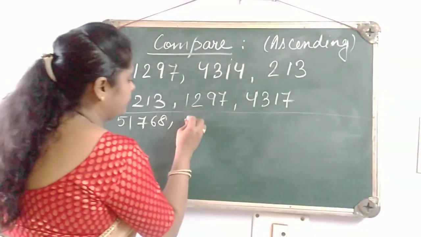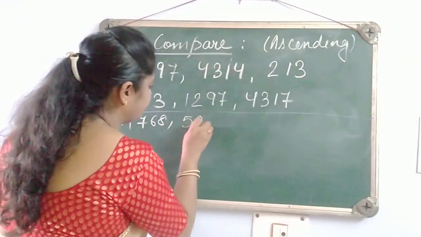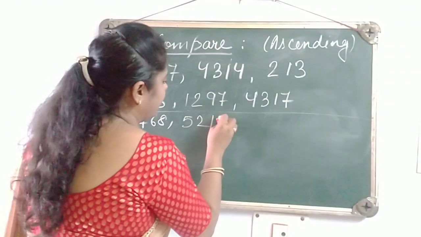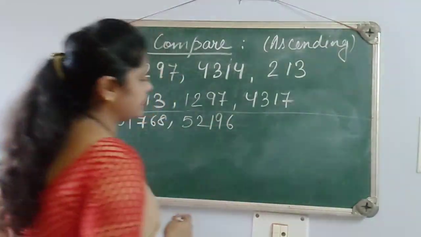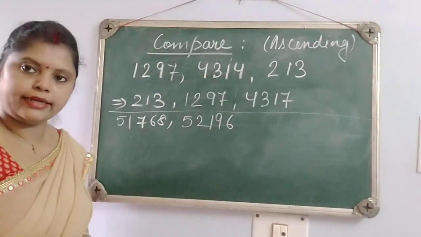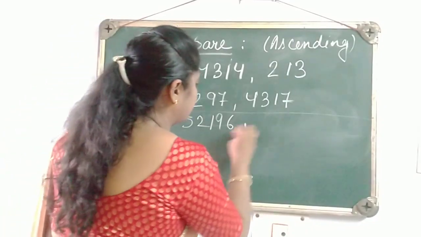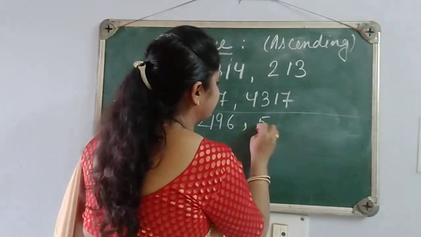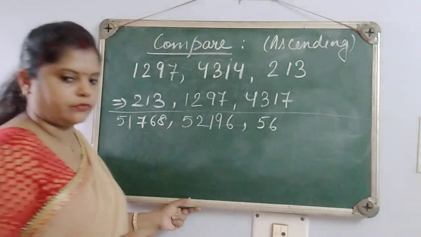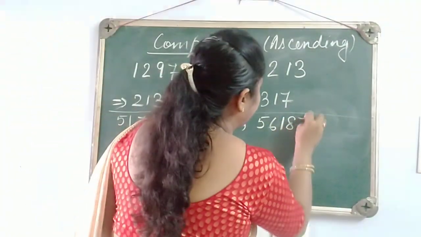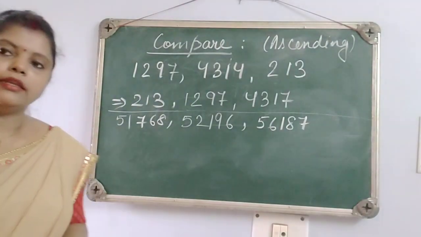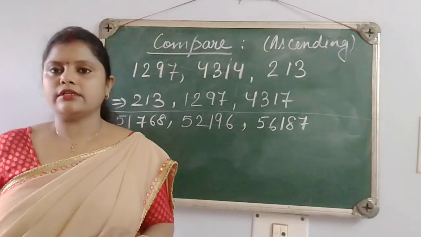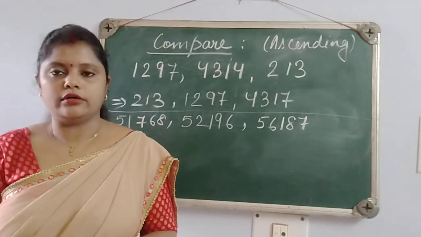Another number, 52,196. And the third one I am writing, 56,187. Okay. Now let's arrange the numbers in descending order.